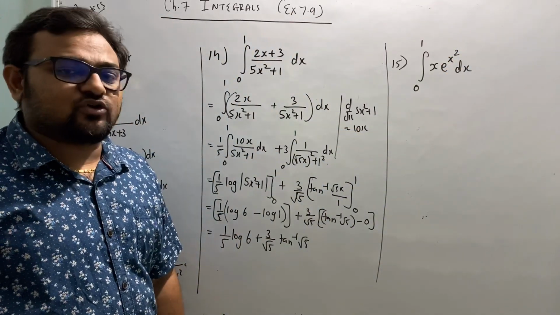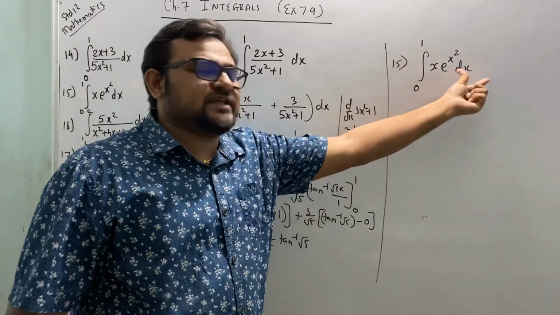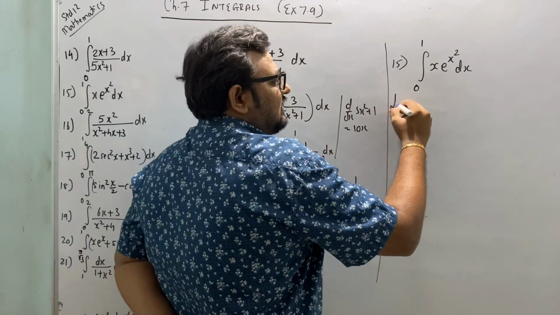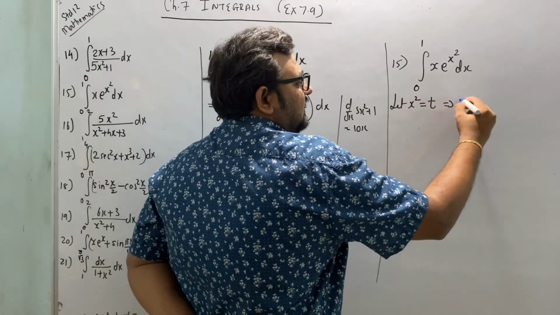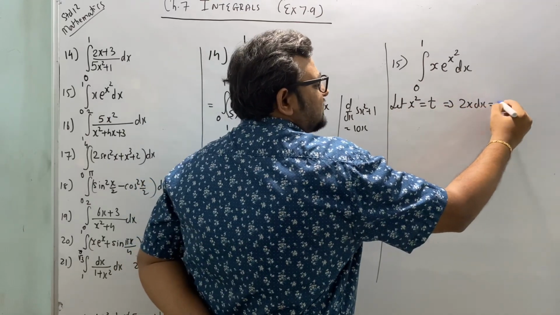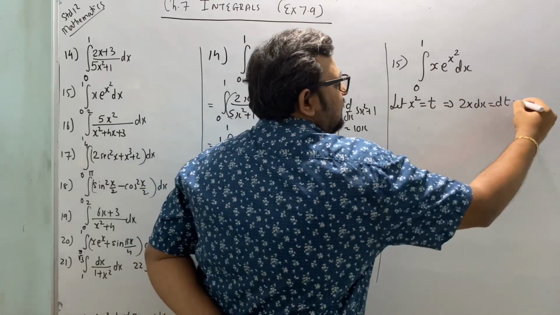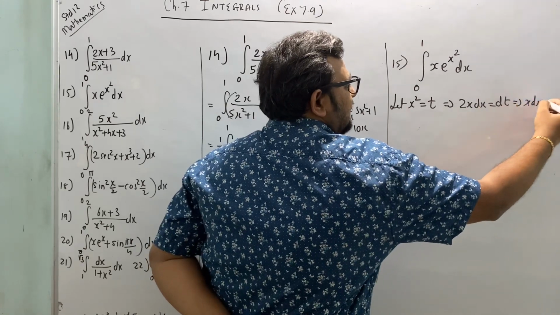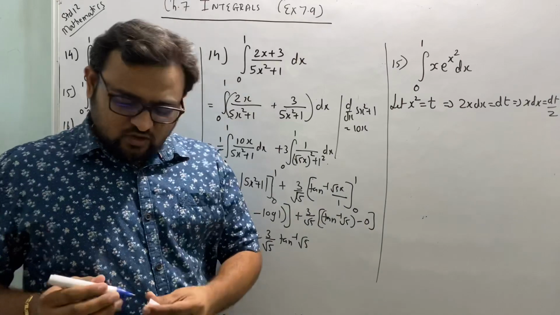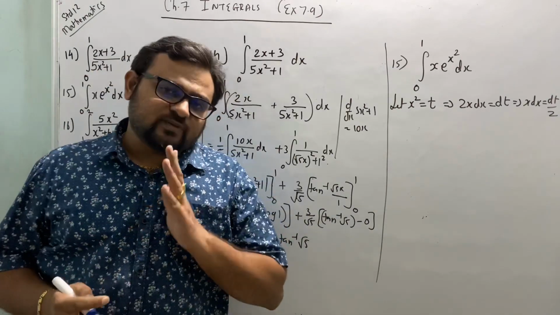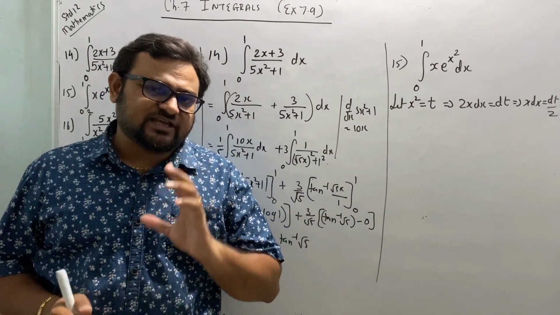What I will do is assume x square, so 2x dx. Let x square equal to t, that implies 2x dx equal to dt, that implies x dx equal to dt by 2. Now see, when we are assuming, there is a small change here.